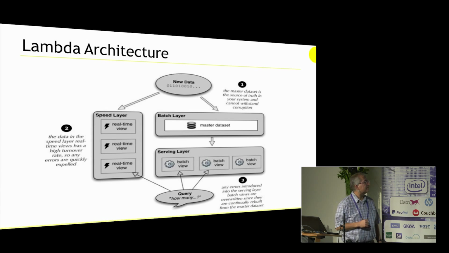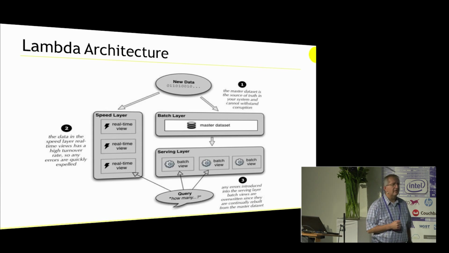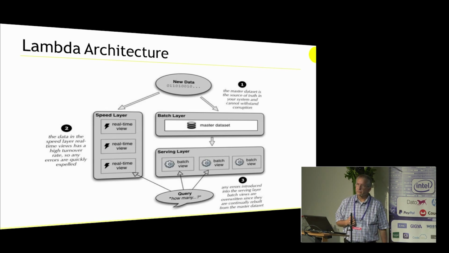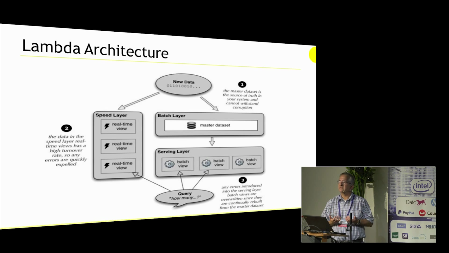So what is the Lambda architecture and how does it work? The first idea is that when you deal with an analytics system, you want to keep the data in the most basic format, the raw data, with as little transformation as possible.